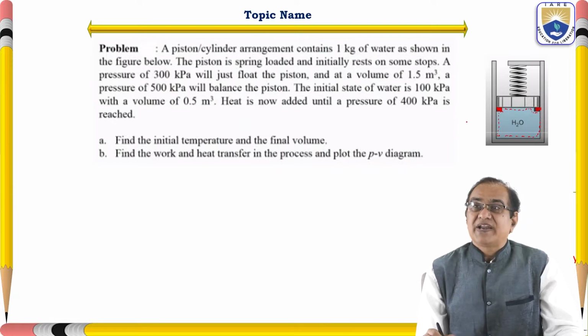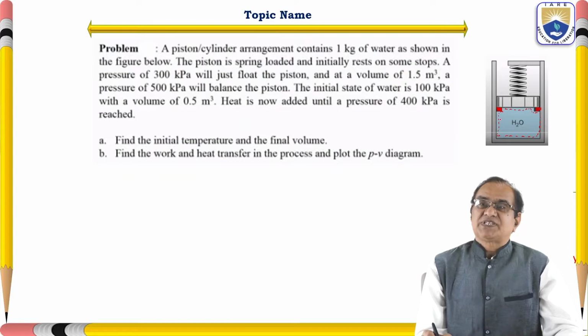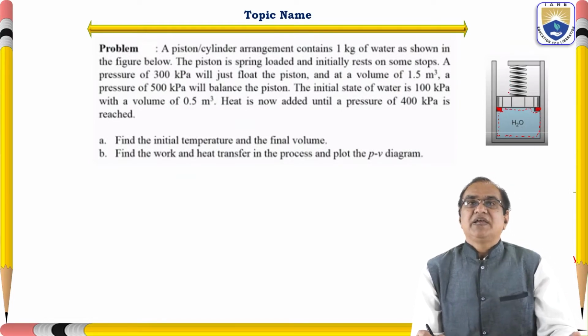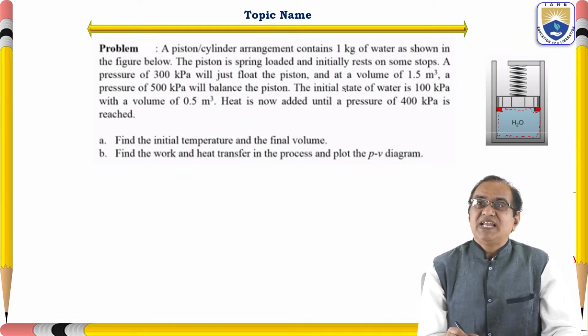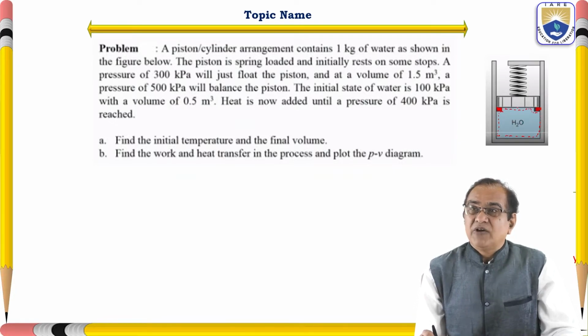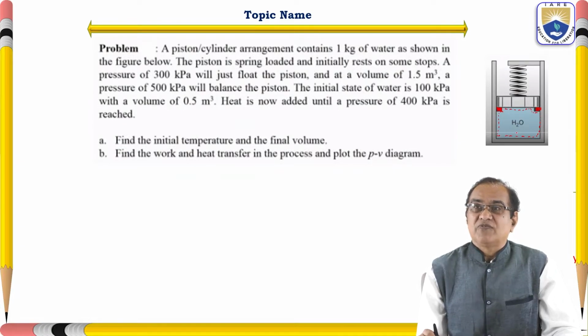So if you raise the pressure again from 300 to 500, then it will be balanced. The initial state of the water is 100 kilopascal, meaning when it is resting here, it is 100 kilopascal with a volume of 0.5 meter cube.